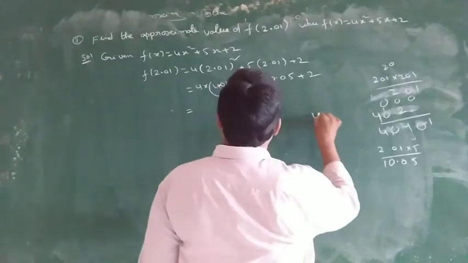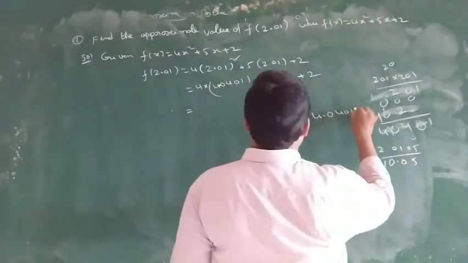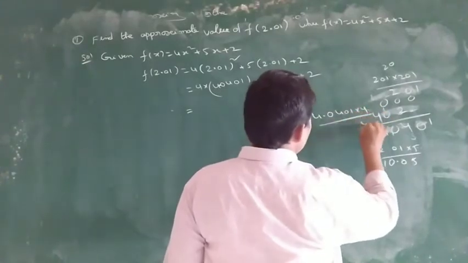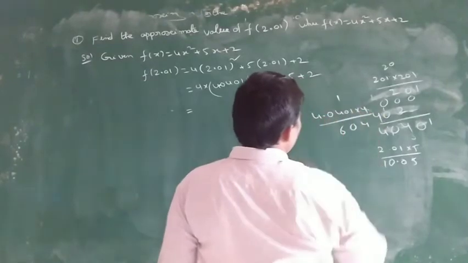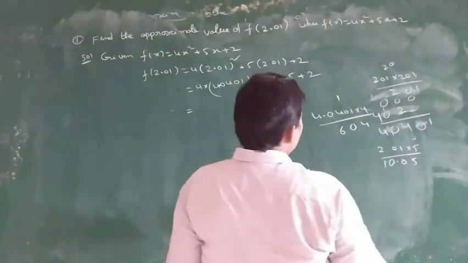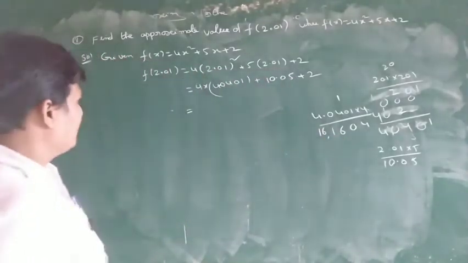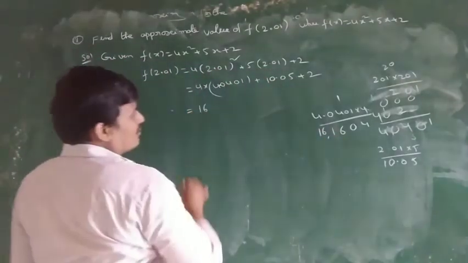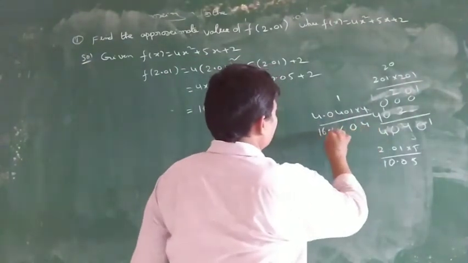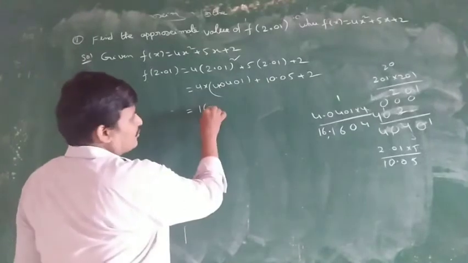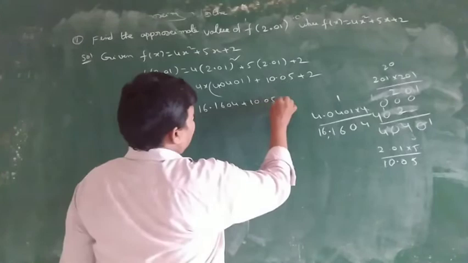So next, 4.0401 into 4, 4 ones 4, 4 0 0, 4 fours 16. So 16, how many points, 1 2 3 4, 16 point 16.1604 plus 10.05 plus 2.